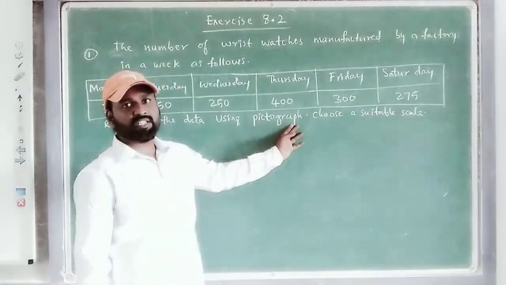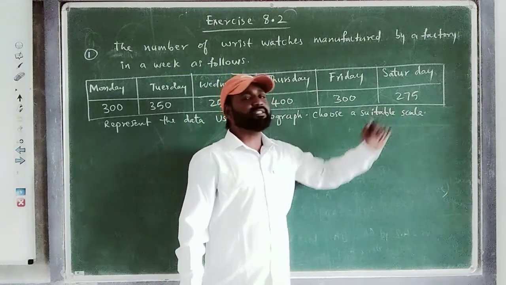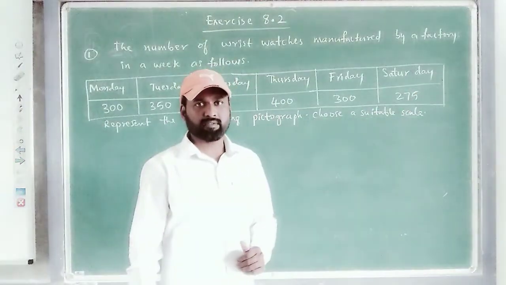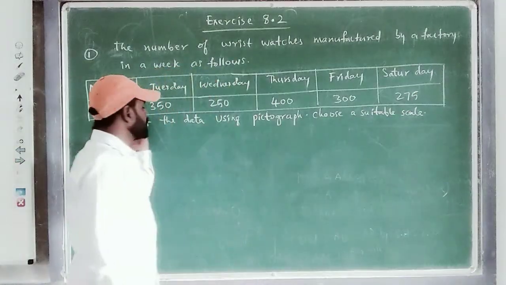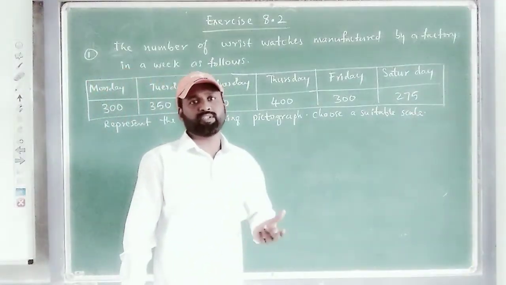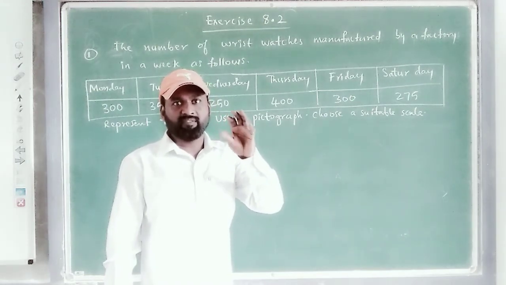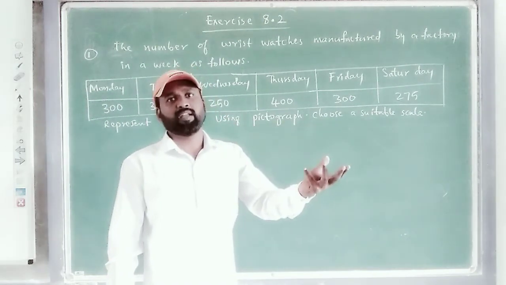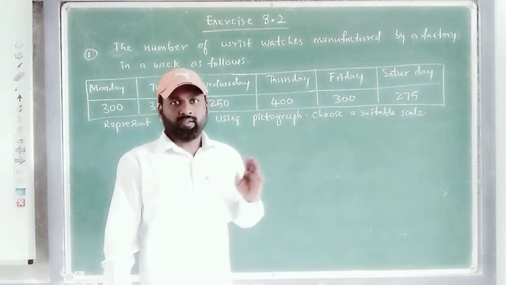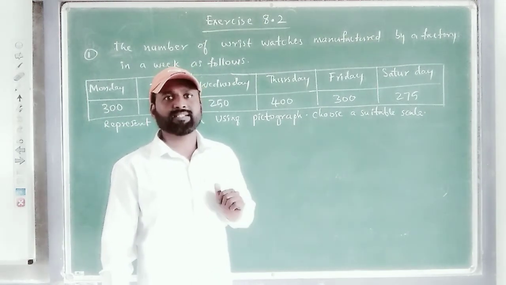That means we have to show pictures, choosing a suitable scale. Scale means, we cannot draw all 300 watches, right? So to represent those 300 watches, one picture stands symbolically for some number of watches, and that you have to write as a scale.